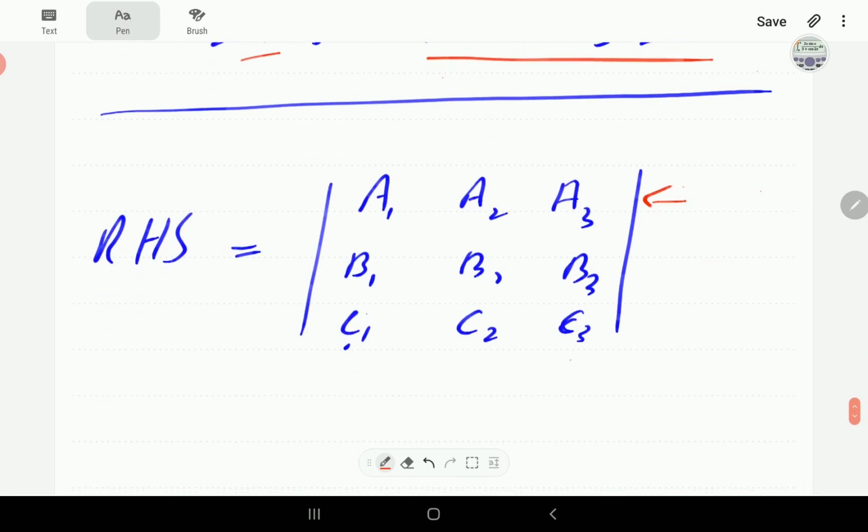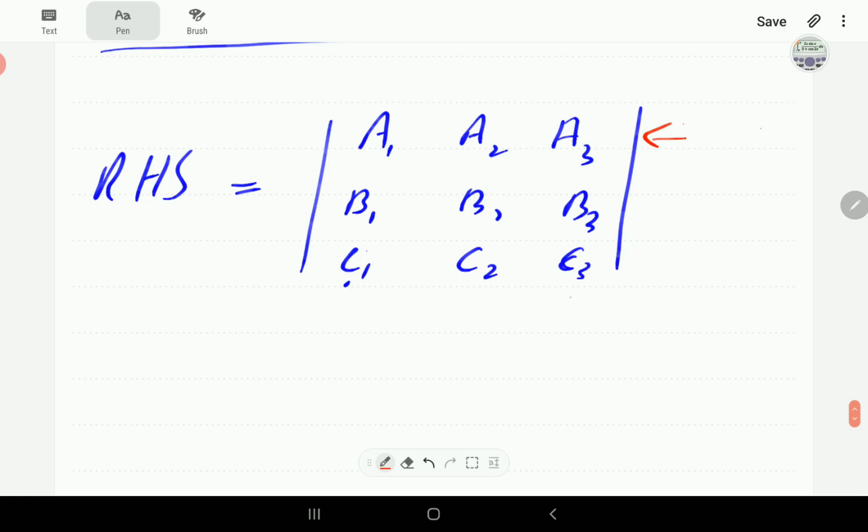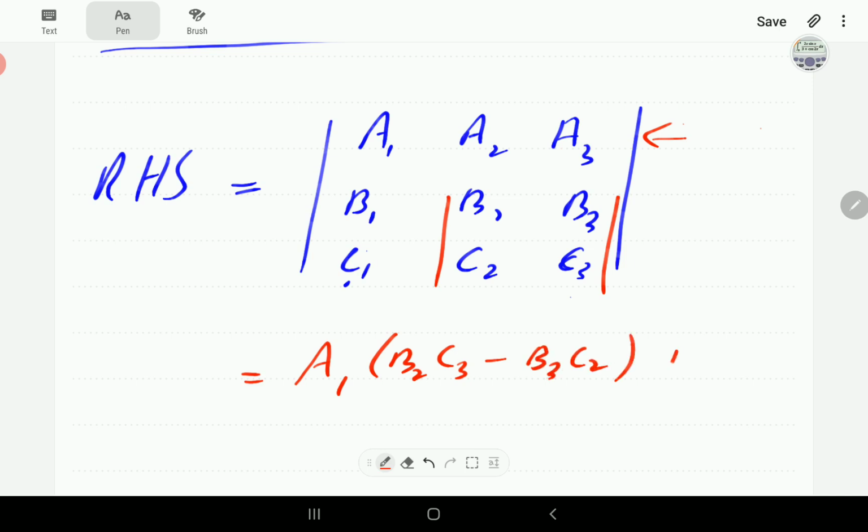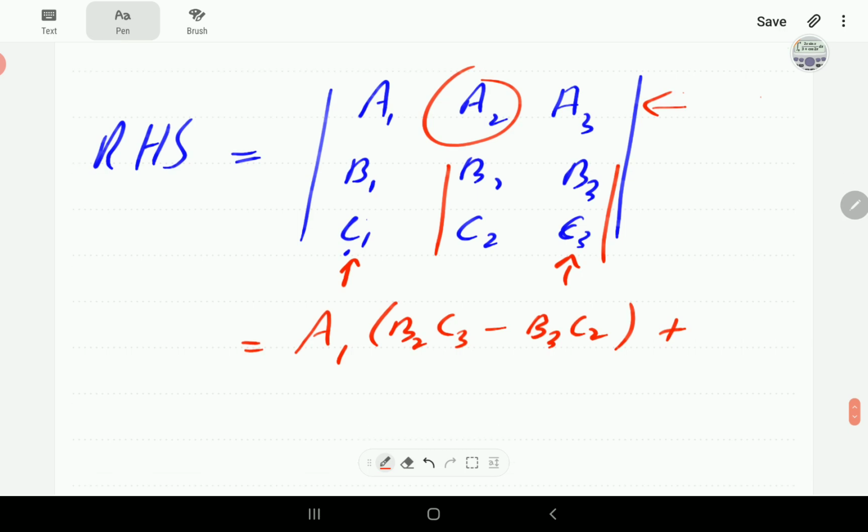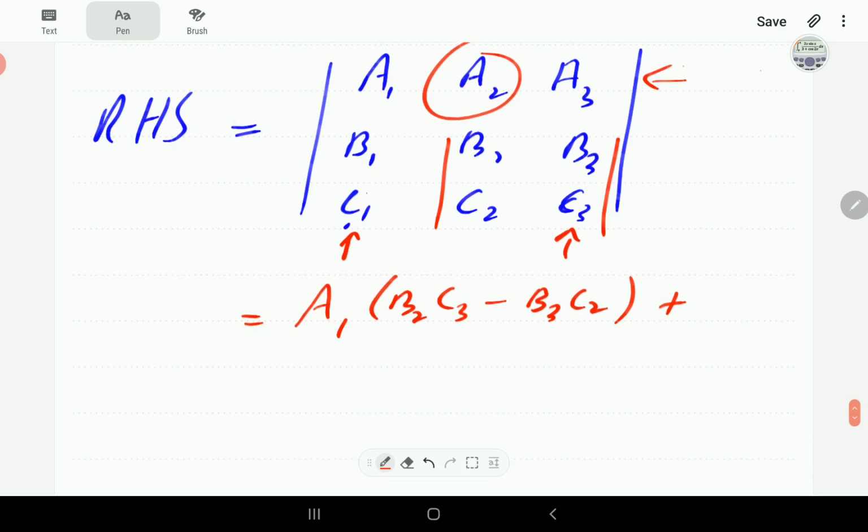Then if we expand this along the first row, it's going to be A1 times this determinant, which is B2 C3 minus B3 C2, and then A2 times the determinant of that 2 by 2.